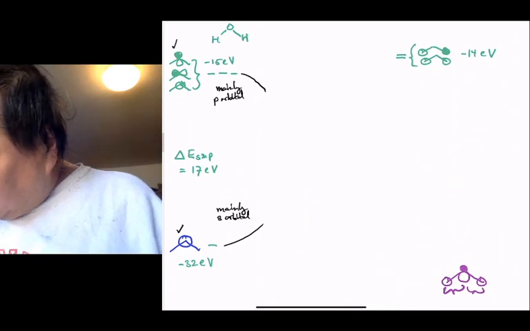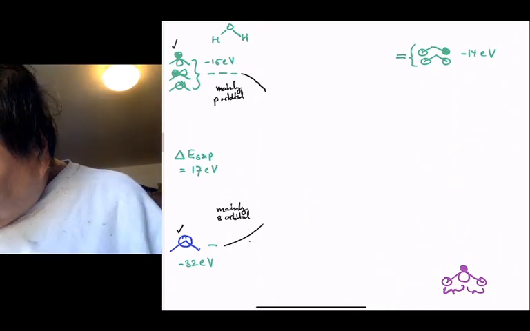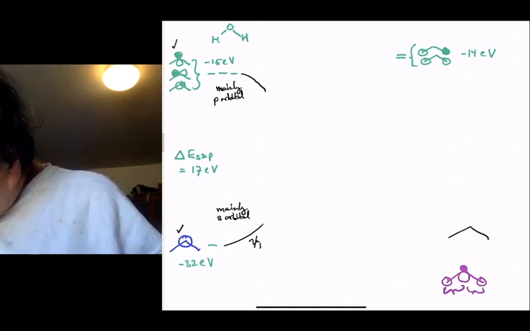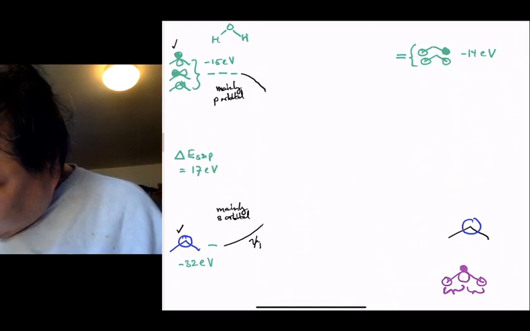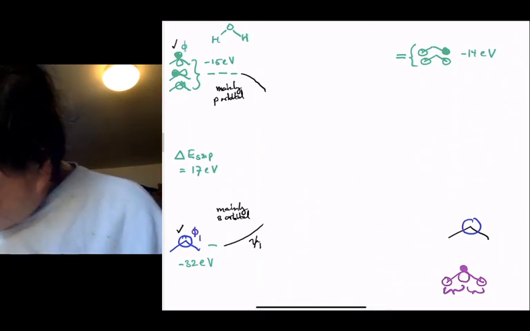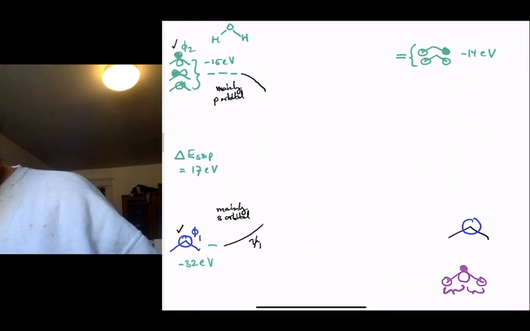Okay, so we're going to make psi 1 here. Let's see what psi 1 looks like. Here is phi 1, and here is phi 2. I'm just redrawing it.